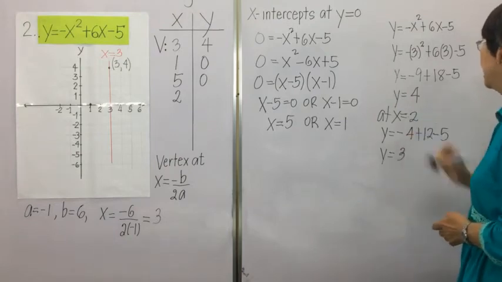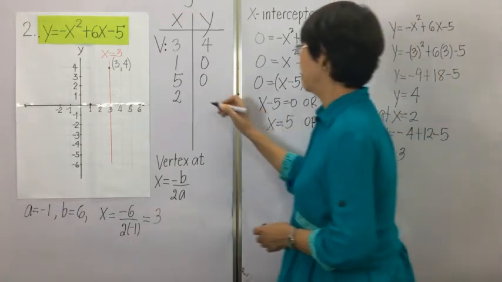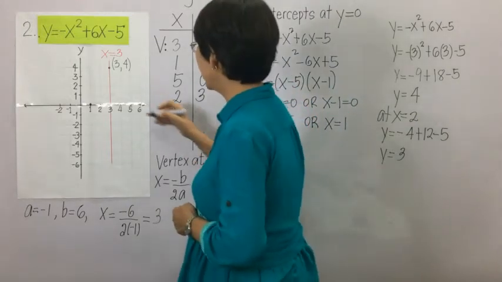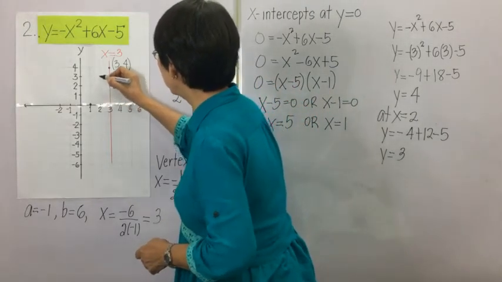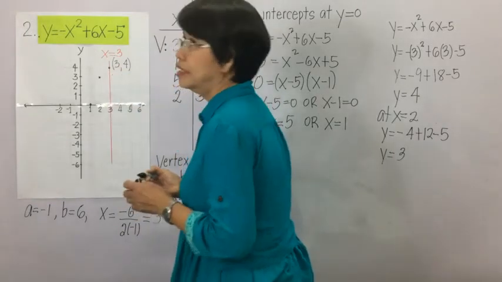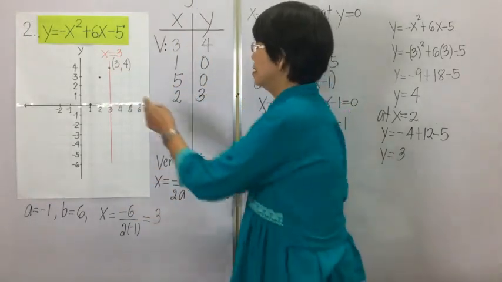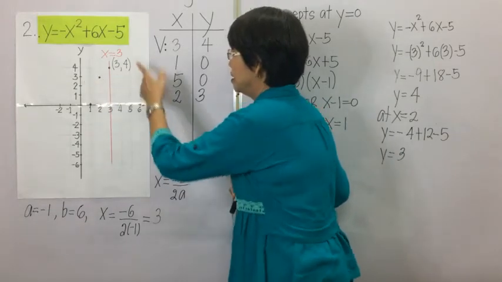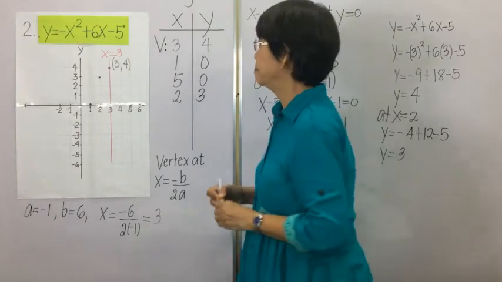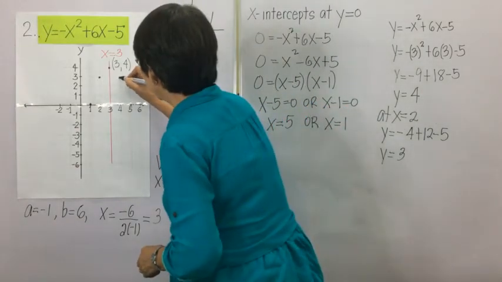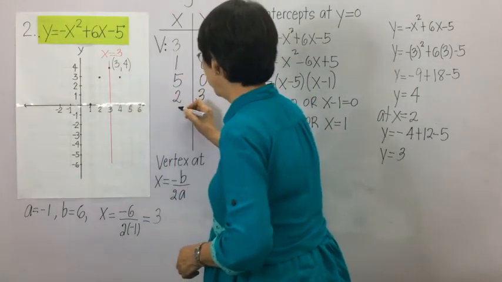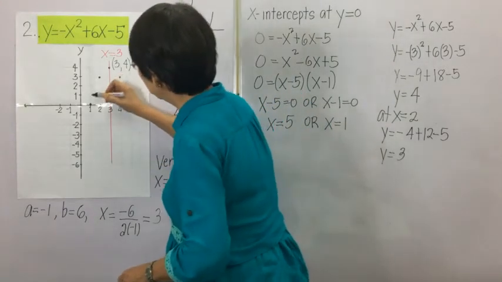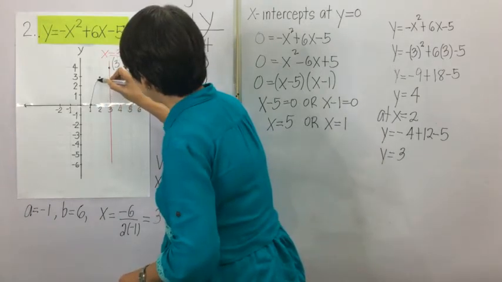So y is equal to 3. And the point is 2, 3, 2, 3 here. And we will just reflect another point here, 1 unit away from the line of symmetry. So we have another point here at 4, 3. Okay. And we can start graphing.